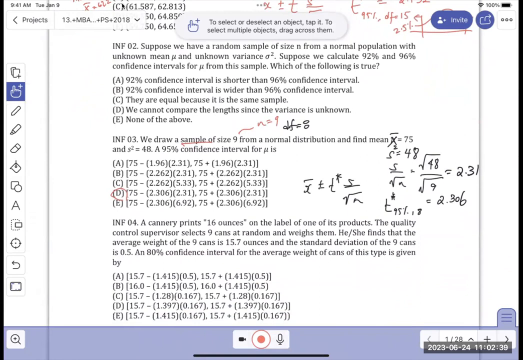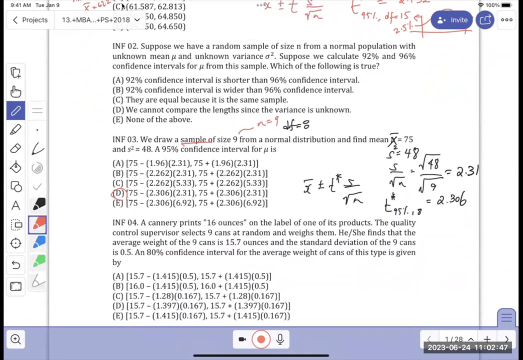Let's try number 4. We'll do a few more and then we'll go early, unless you have questions for me. A cannery prints 16 ounces on the label of one of its products. The quality control supervisor selects 9 cans at random and weighs them.